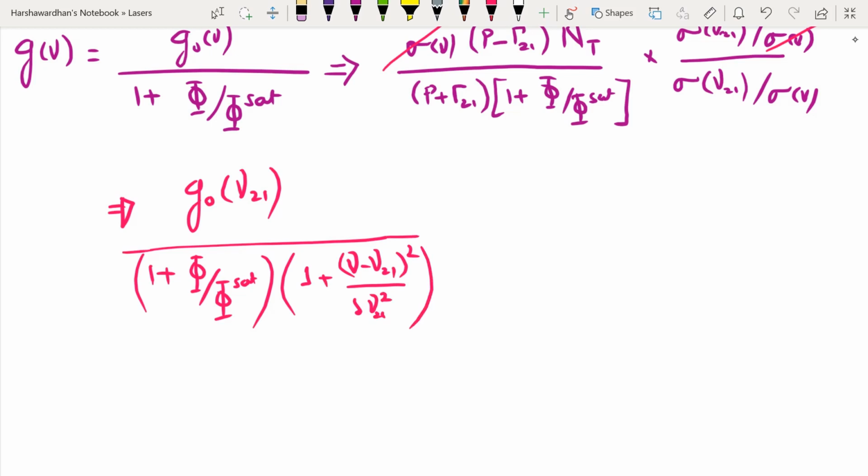Now quickly remember that phi nu to 1 saturation can be written down as P plus gamma to 1 divided by twice sigma, but now at sigma at nu to 1, that's at the line center.